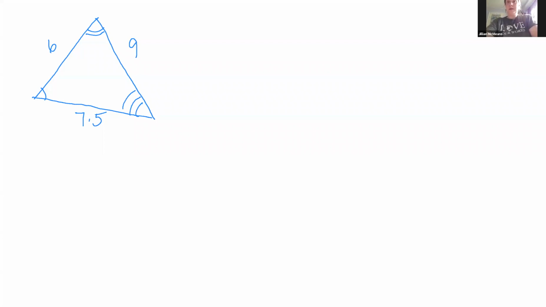And let's say I have this one, and we have 4, 6, and 5. So you really have to pay attention here. You can kind of easily tell the sides that match when you're dealing with a scalene, because you have the smallest side, the middle side, and the longest side. So I can tell here that on the larger triangle, the smallest side is 6, and it corresponds to the smallest side of 4 on the second triangle.